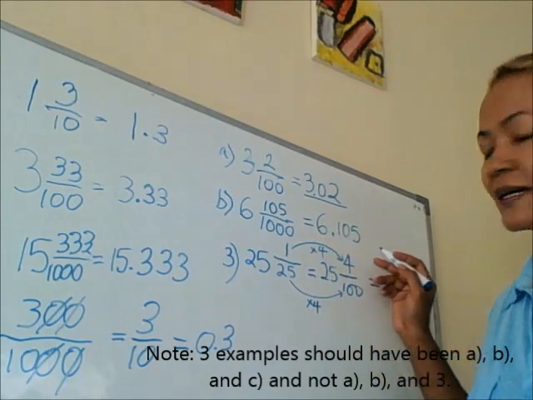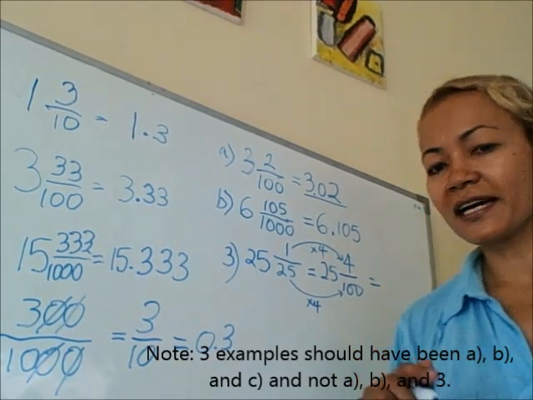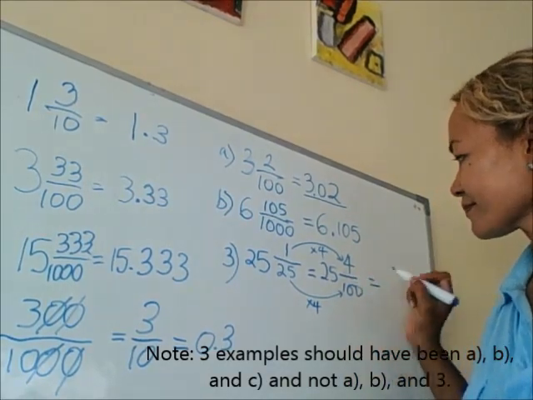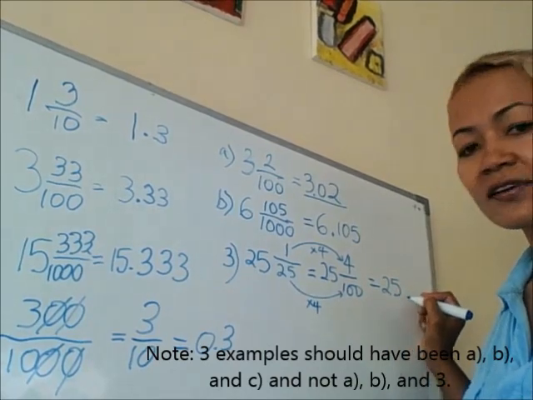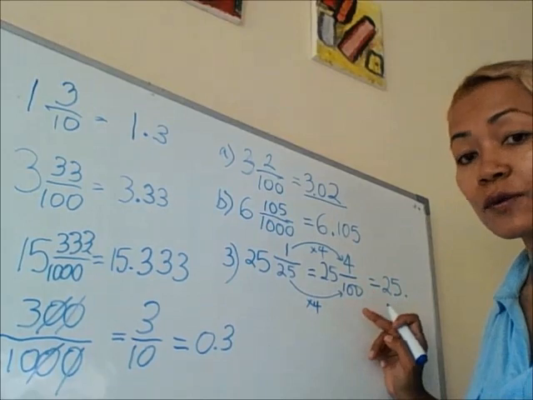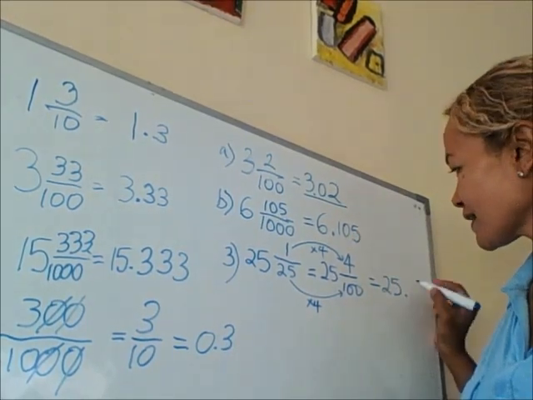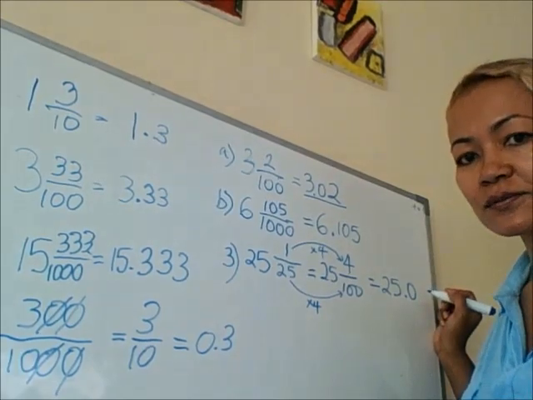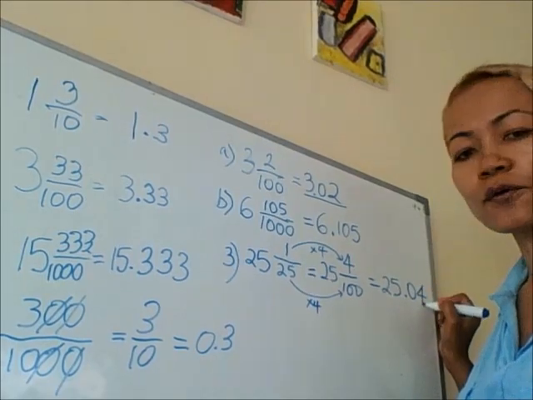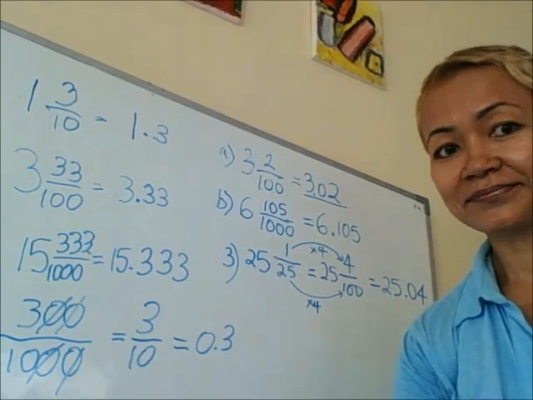You'll write your number 6.105. That's the answer. And the last one, we've simplified it already. It just becomes 25 point. We've got the decimal point there. 4 over 100, 4 hundredths. Just like this first one, we put a 0 to hold the place of the tenths, and we put the 4 in the hundredths column. There you have it.